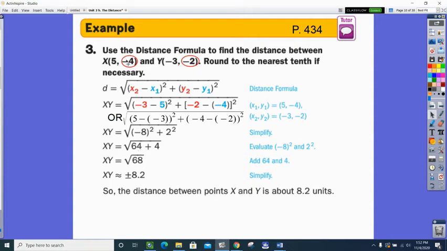Now, if you start with the negative 4 for the y's, so negative 4 minus the other y, which is negative 2. And again, think this and then check it in the calculator. Negative 4, and this becomes plus 2, would be negative 2. And if you raise negative 2 to the second power, you're going to get 4. So the order, who you start with, doesn't matter. You'd get the same answer.